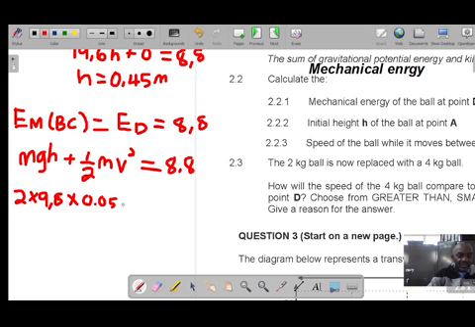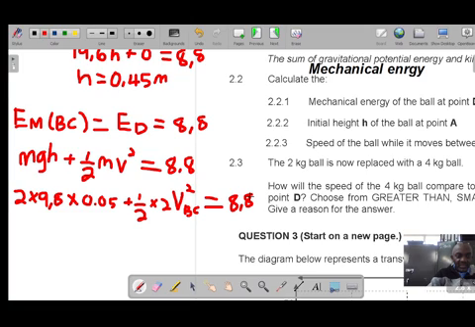Then plus a half times the mass, which is still 2, times v along BC squared. Everything equals 8.8.